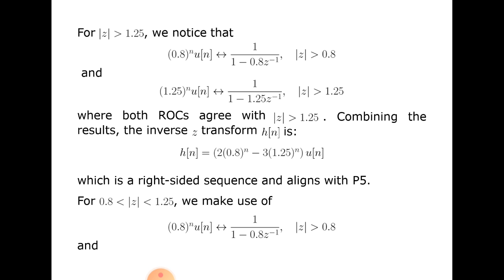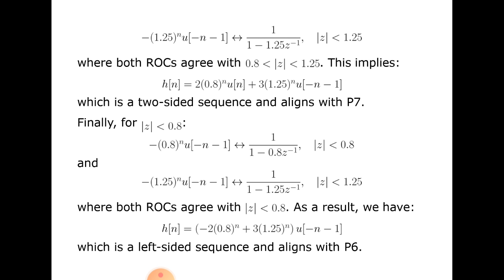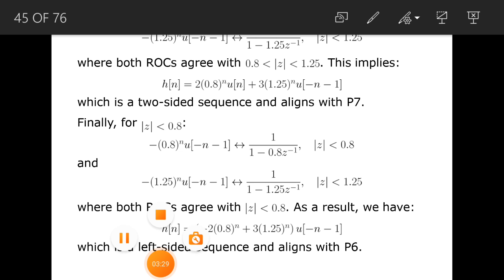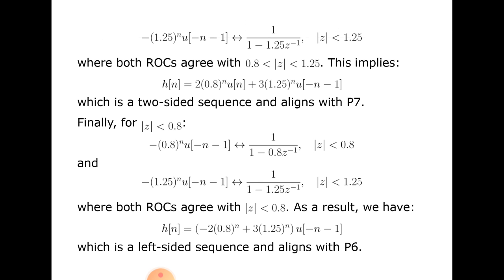For modulus of z greater than 0.8 and less than 1.25, we make use of 0.8^n u[n] transforms to 1 divided by (1 - 0.8 z^-1) with modulus of z greater than 0.8. In the next case, -1.25^n u[-n-1] gives 1 divided by (1 - 1.25 z^-1), where modulus of z is less than 1.25. Both ROCs agree with modulus of z greater than 0.8 and less than 1.25.